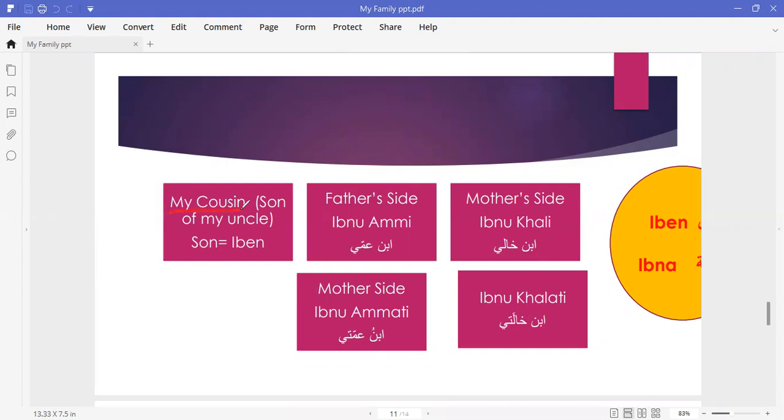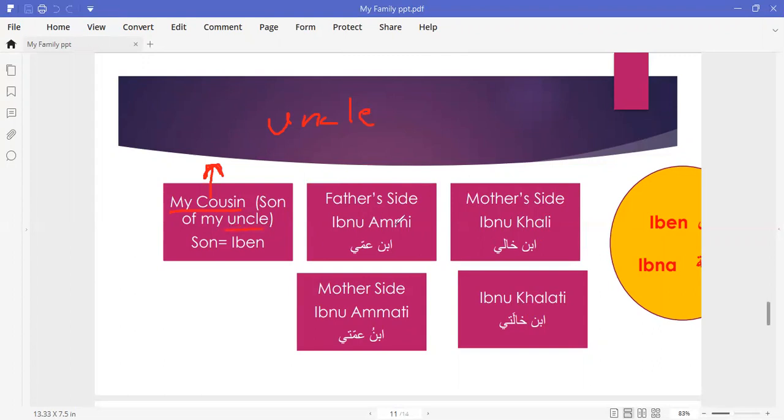The first one is my cousin, but this my cousin is the son of my uncle. Son of my uncle, okay? Let's take it from the father's side. Okay. Uncle, what does it mean from the father's side? It means ammi, son of my uncle.